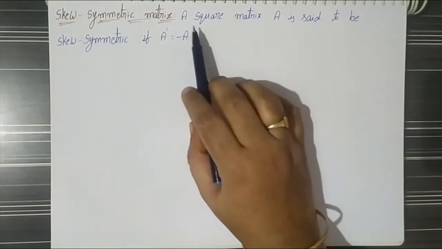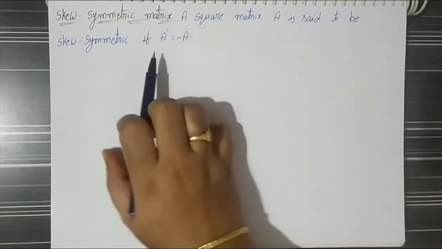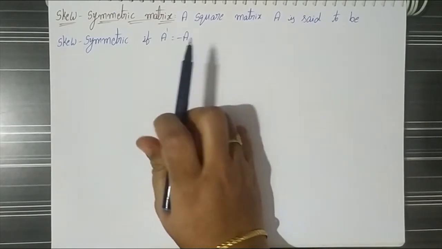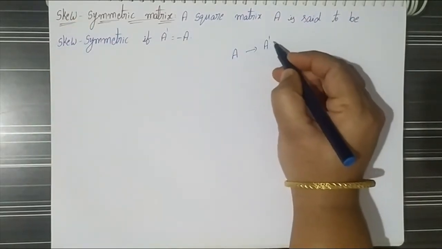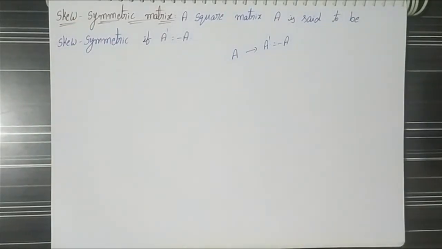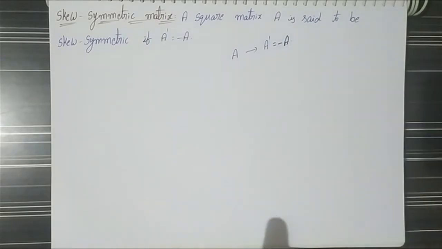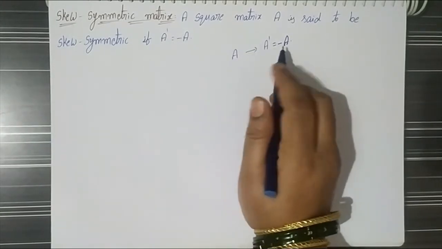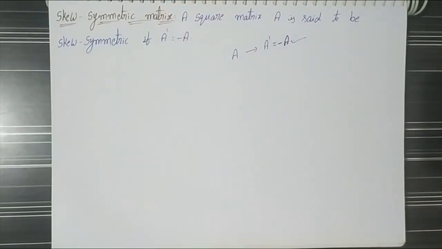Skew symmetric means a square matrix A is said to be skew symmetric if A dash equals minus A. If a matrix A is skew symmetric, then its transpose is equal to the additive inverse, the negative, of the matrix. That means if A is a square matrix and A dash equals minus A, then A is said to be a skew symmetric matrix.